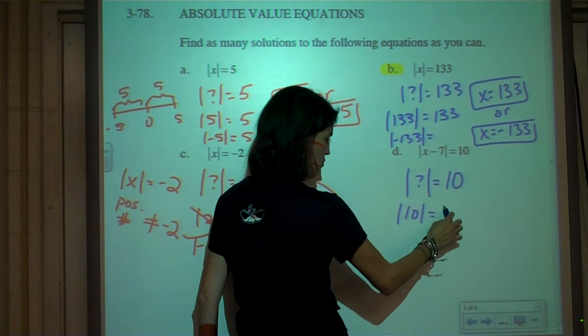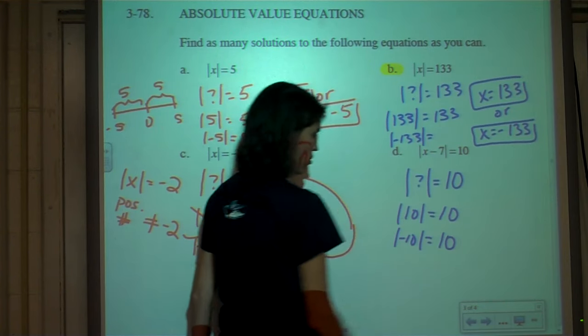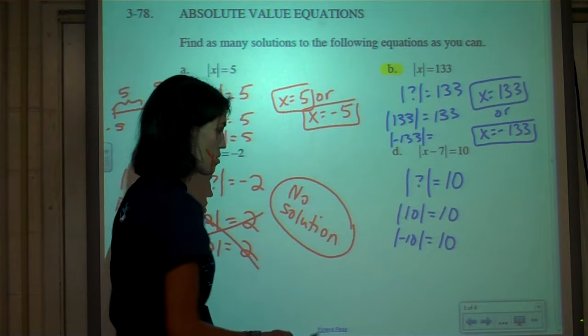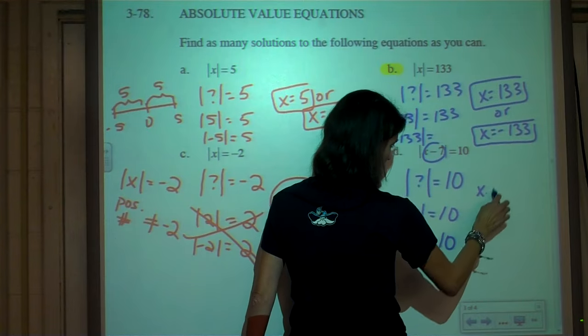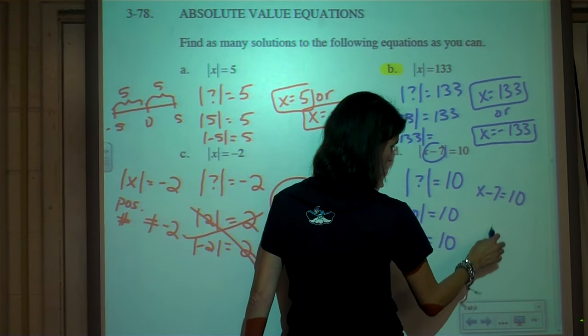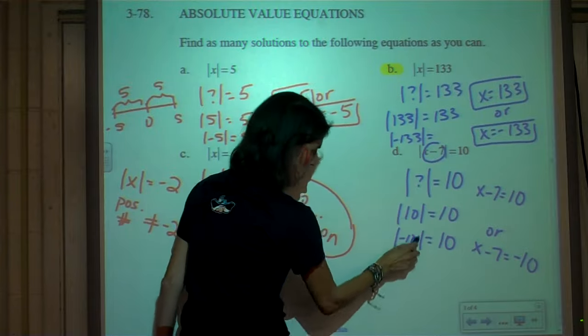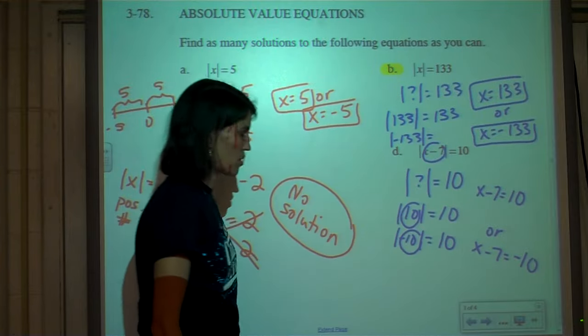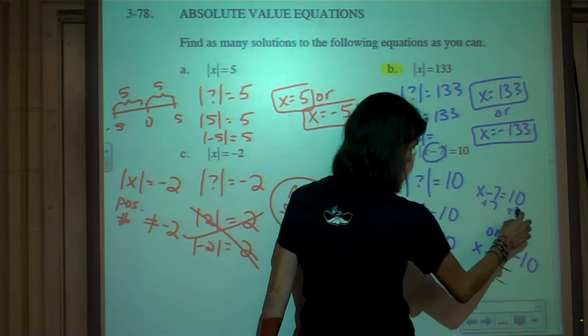Well, the absolute value of 10 and the absolute value of negative 10 is also 10. So that means what's inside the absolute value can equal 10, or what's inside the absolute value can also equal negative 10. Now a lot of you, I bet you just did this in your head, you got the 17.